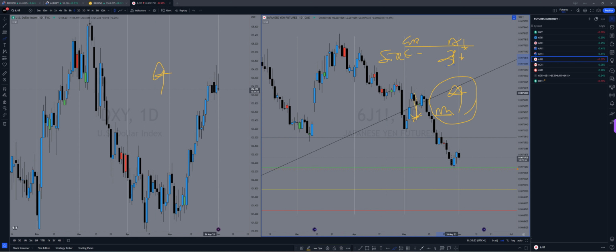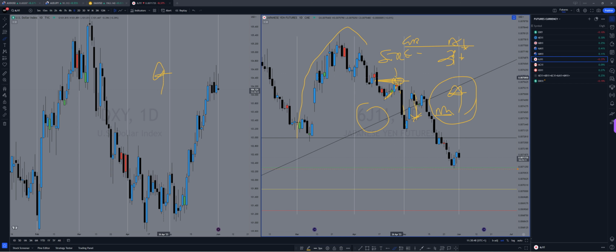So as an example, if price trades to this level, okay, we are in a market maker sell model, so price is going to go down, but in here it might be strong, but it's going to a PD array that will drop down again. So you can forecast that Japanese yen is going to be weak when we touch this level.